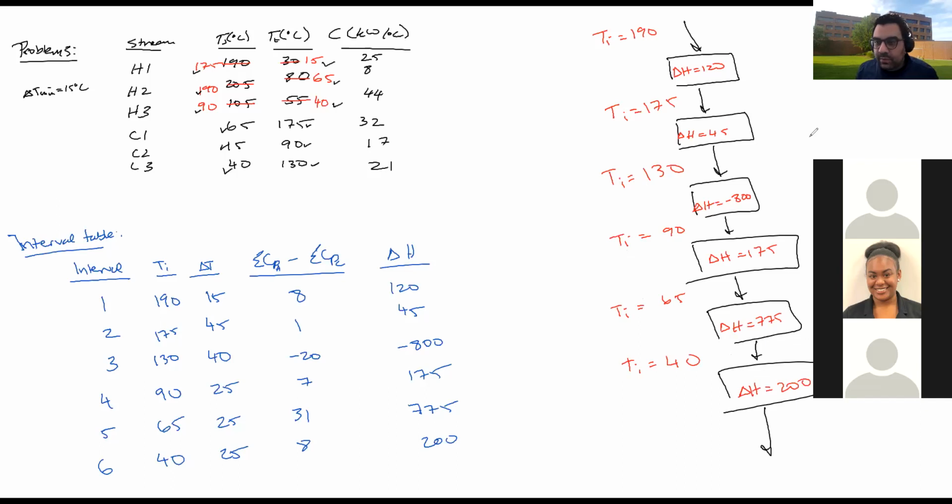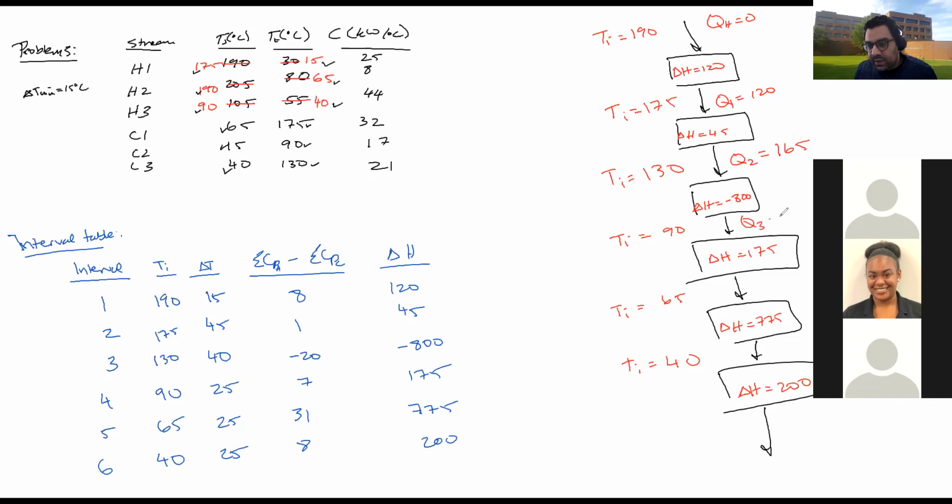After getting all these numbers, let's calculate the heats. Initially my QH is equal to 0. My Q1 in this interval will be 0 plus 120, so it's 120. My Q2 will be 120 plus 45, which is 165.